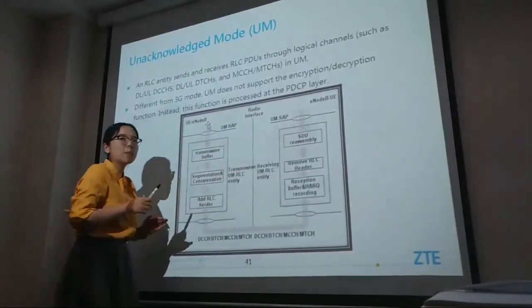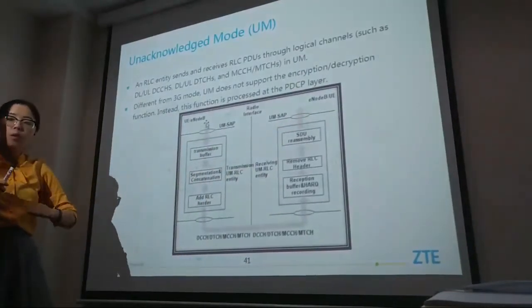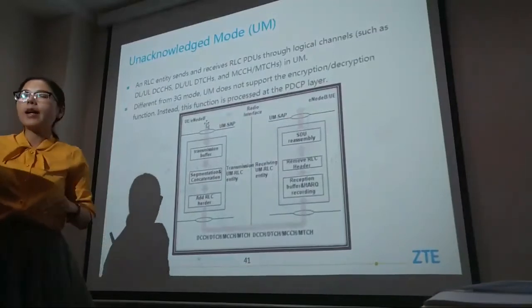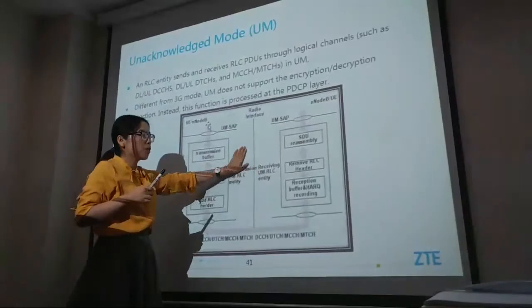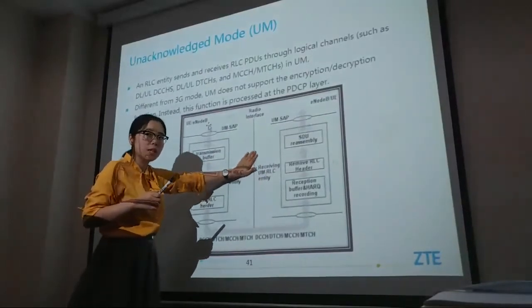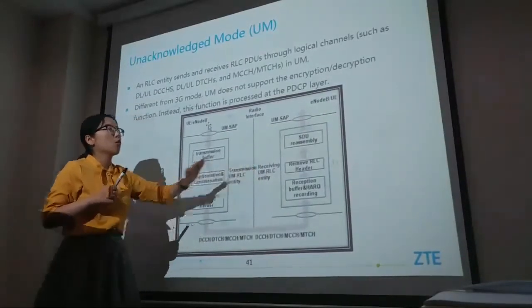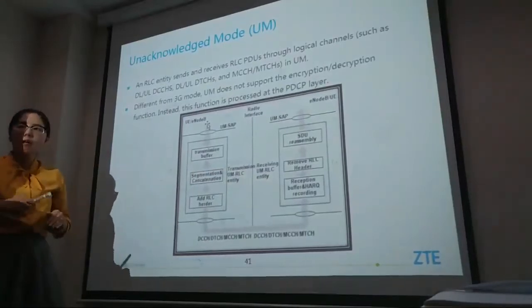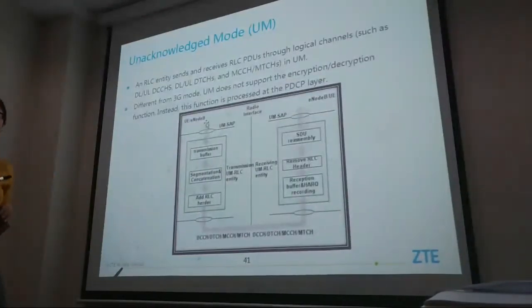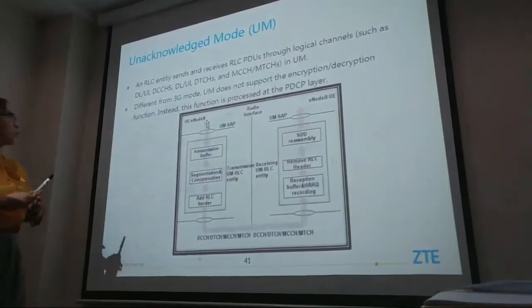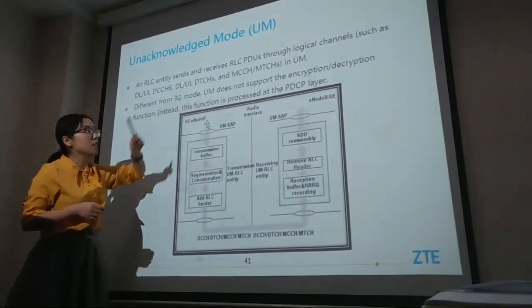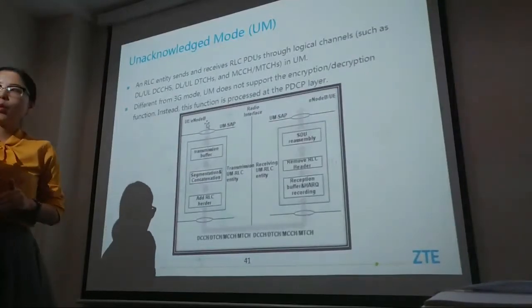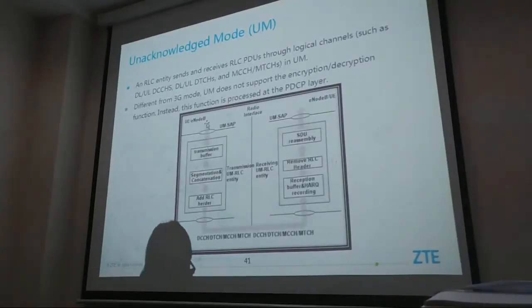For the UM mode, the procedure is almost similar to the AM, but the difference is that there is no buffer to save the data to retransmit, and no feedback. So for this kind, we cannot guarantee reliability. For DCCH and DTCH, we can use it, but usually we only use it for the DTCH.